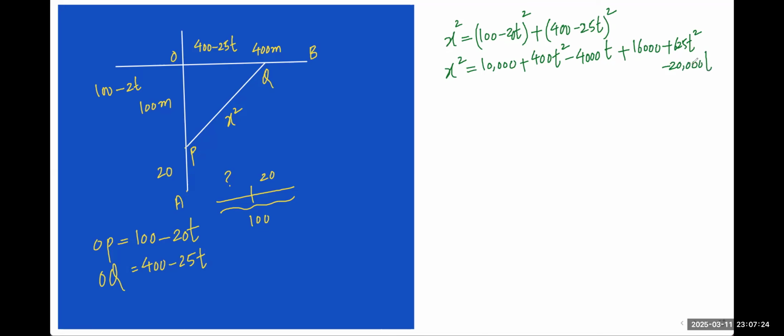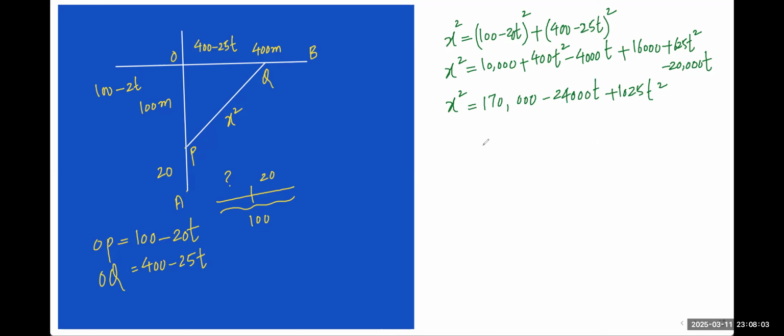And if you simplify it further, x squared becomes 170,000, adding this one and this one, minus 24,000t, plus 1025t squared. So the distance of the car and the train at time t, the formula of x squared in terms of t, gives you a formula of the form a plus bt plus ct squared. So we get the answer.